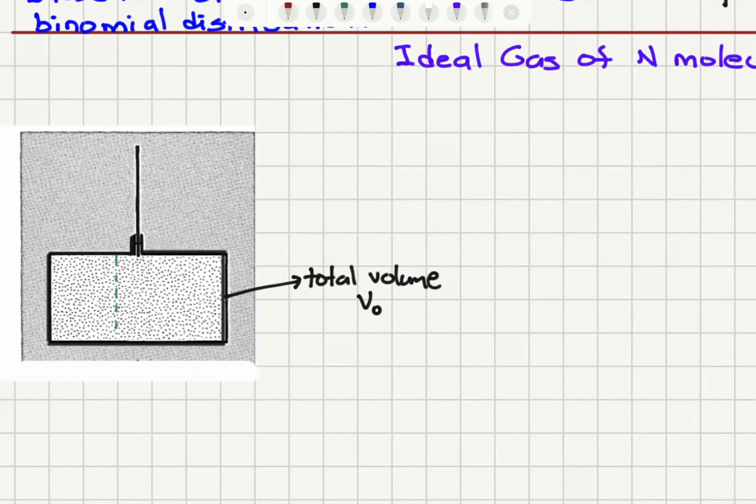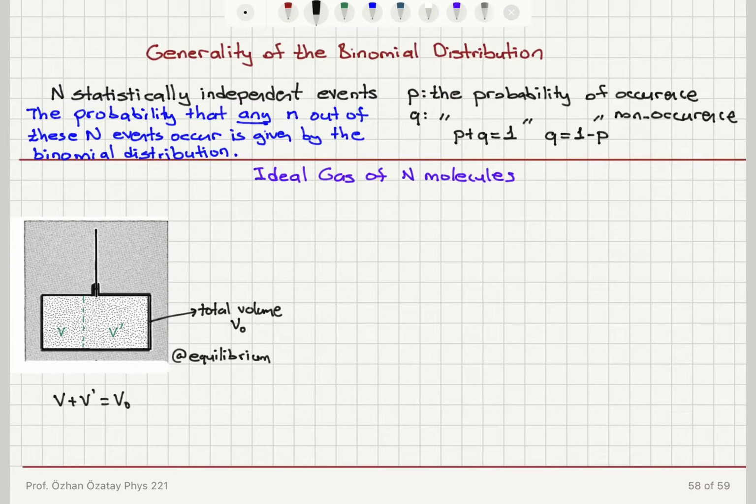Inside this container, this is sub-volume V, and this is sub-volume V prime. So I have an imaginary partition. This is a gas at equilibrium. I have a uniform distribution of gas molecules, the most random distribution. And these two subvolumes, V plus V prime, add up to the total volume V0.